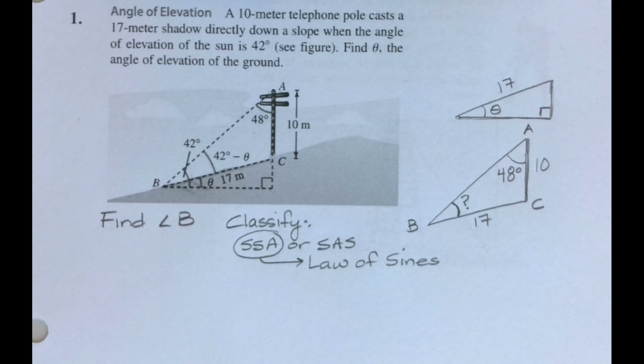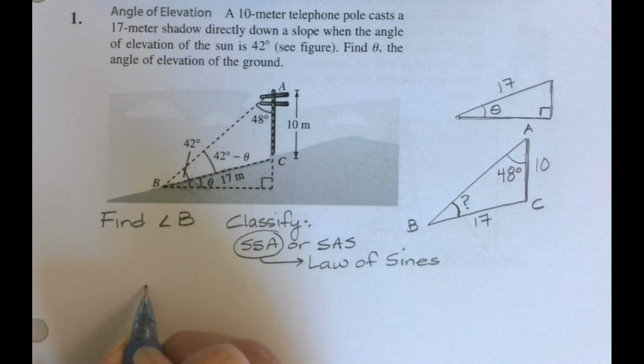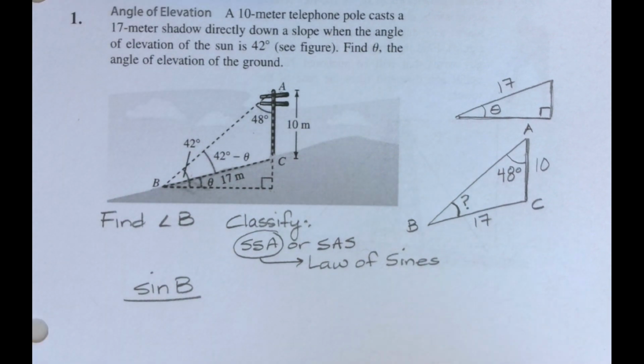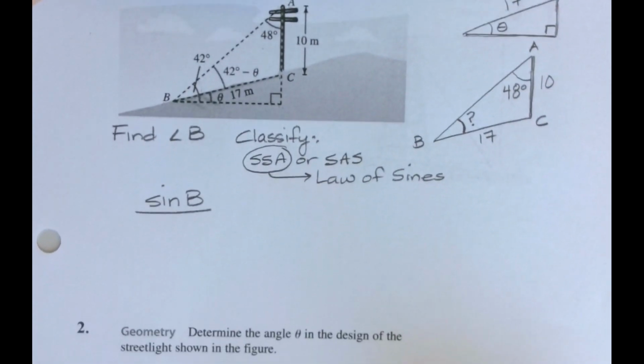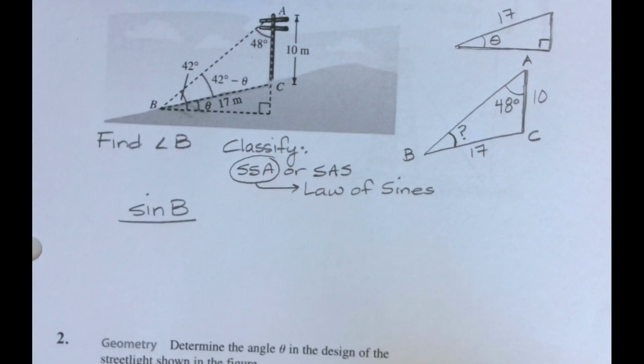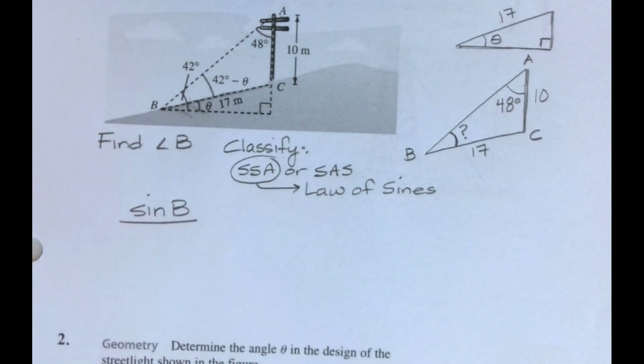You do not need to go searching for another solution. Are we good? Okay. Law of sines. So we're looking for angle B. So obviously we start with sine of angle B, because that's what we're looking for, over what goes underneath? Sine of angle B. So that's what you're looking for. So what goes here?